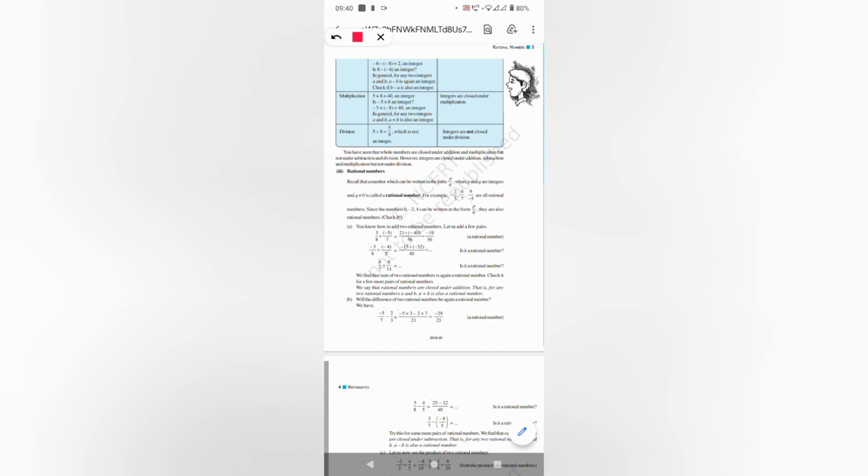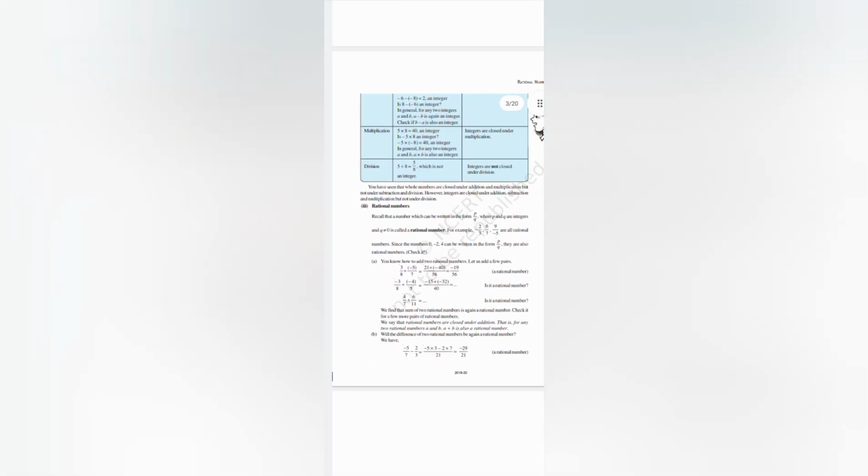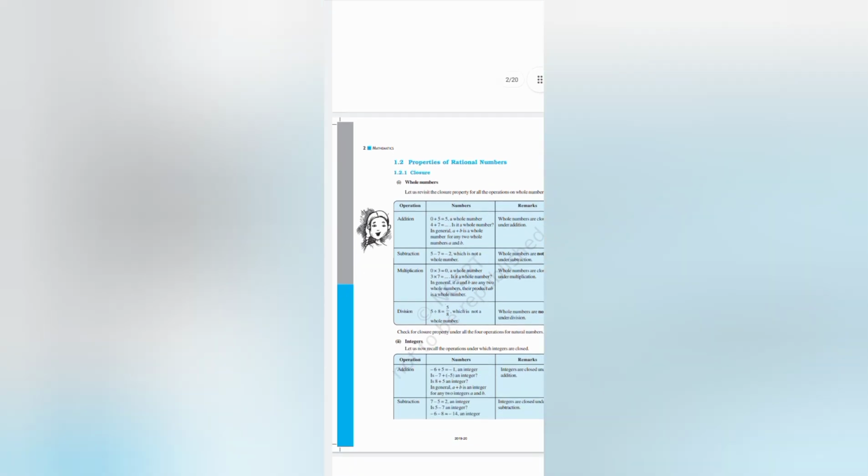That type of number is known as a rational number, like minus 2 by 3, 8 by 5, 11 by 2, minus 3 by 5. So these are the basics of rational numbers. Let's come to the exercise on rational numbers.